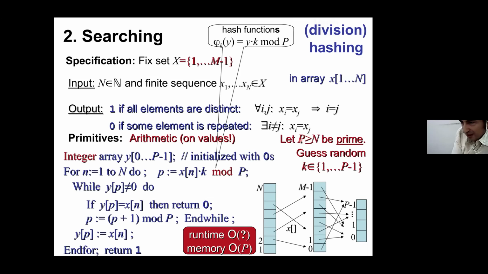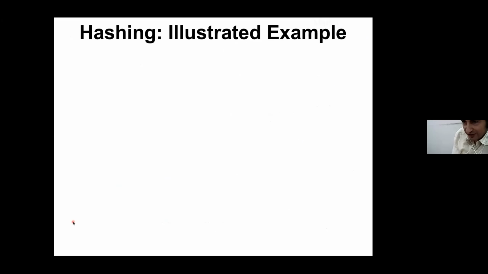I said that p bigger or equal to n is imperative, because otherwise the algorithm may not terminate, since your database may get full. It is not necessary that p is prime, but it is helpful because it will create very many different values of the hash function. They will reduce the collisions, and this will reduce the complexity. So in the optimal case it would be linear, but in the worst case it will still be quadratic.